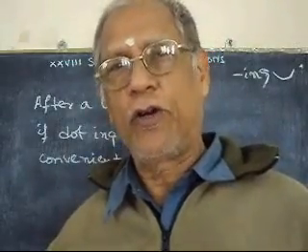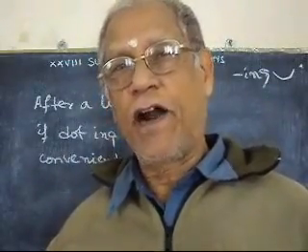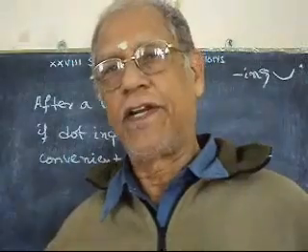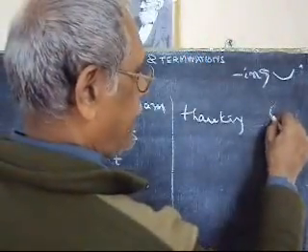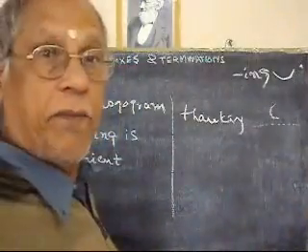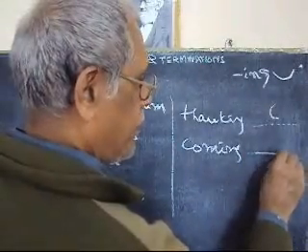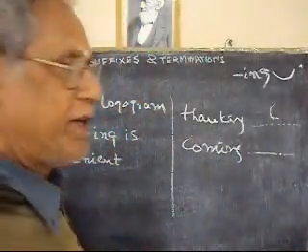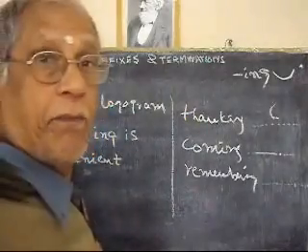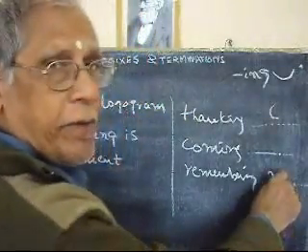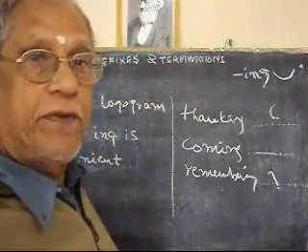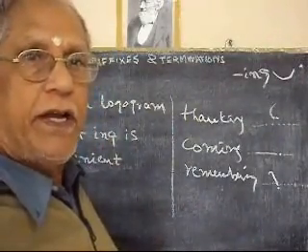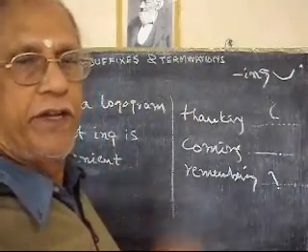After a logogram, if dotting is convenient, write it. Thanking: thank, put the dot. Coming: come, put the dot. Remembering: remember, put the dot. But if stroking is convenient, then you use stroking.